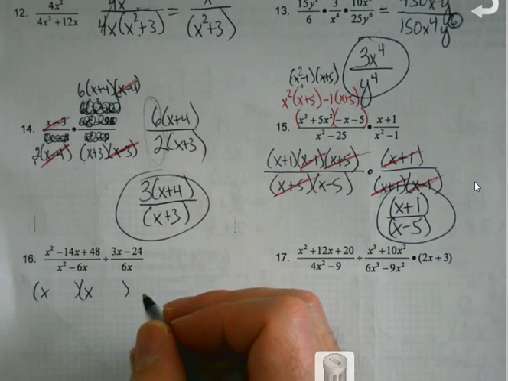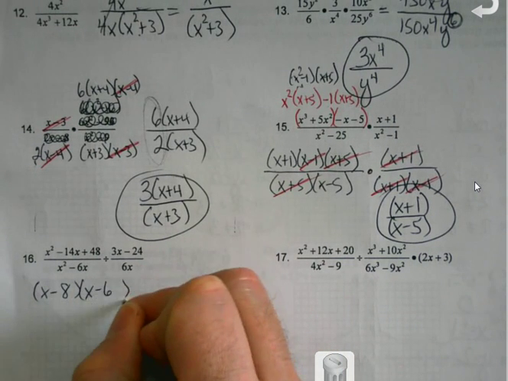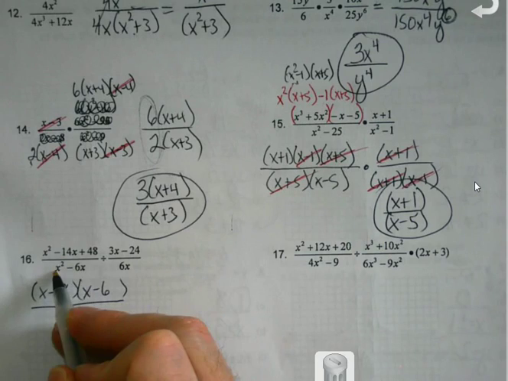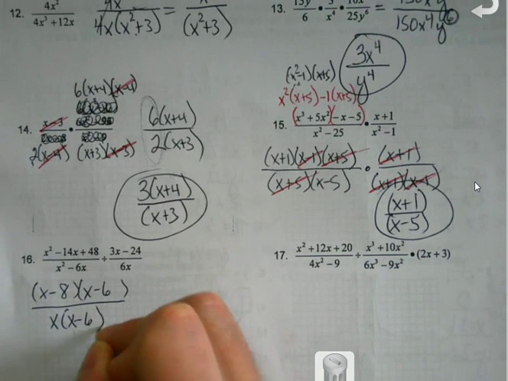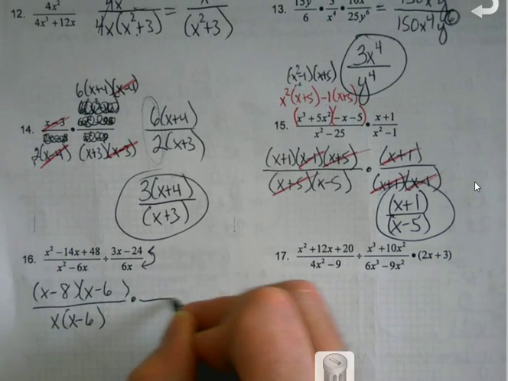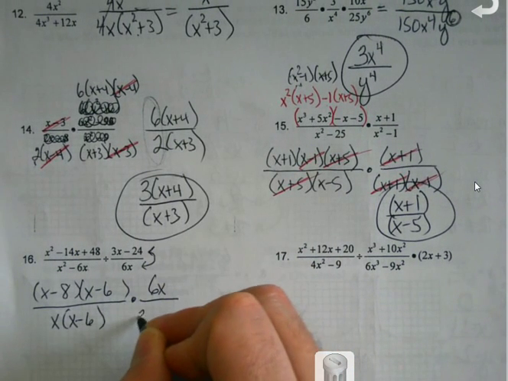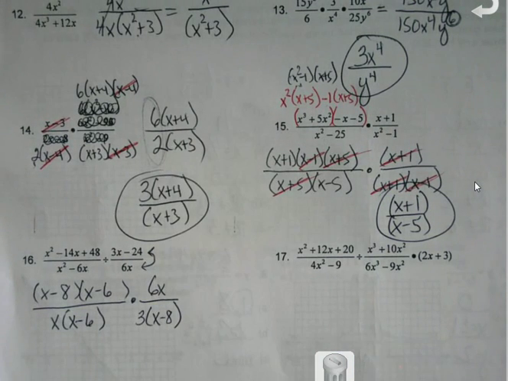Let's see here. 8 and 6. Even here, again, it's not a difference of squares, but I can take an x out. But then with division, I've got to flip that second fraction over.